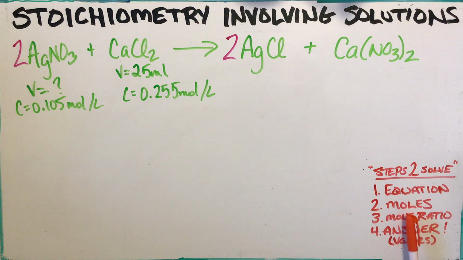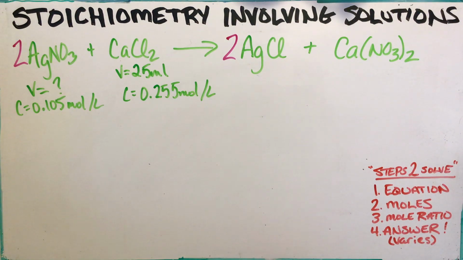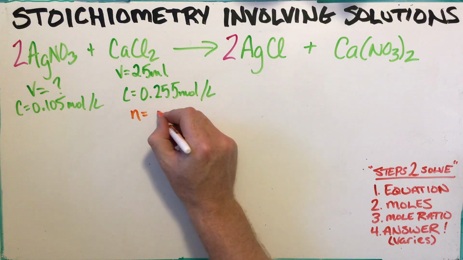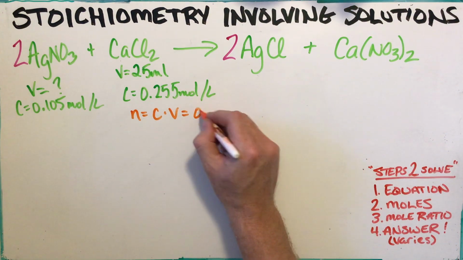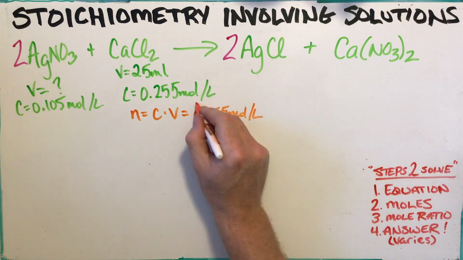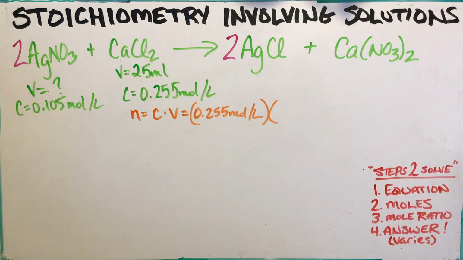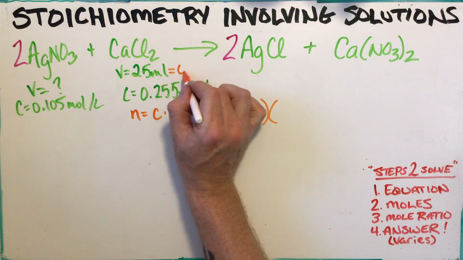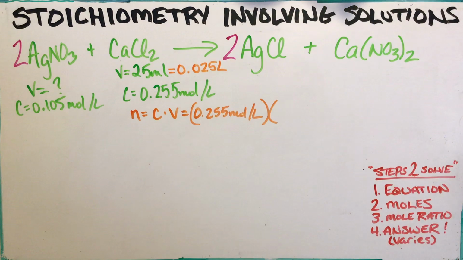Moles, what can I turn into moles? Right here. There's my source of moles. n is equal to C times V, which is equal to 0.255 moles per liter times 25 mL. Now I can't use milliliters, so I've got to convert that, and that's going to be 0.025 liters.